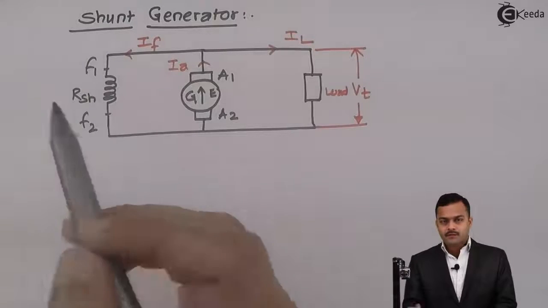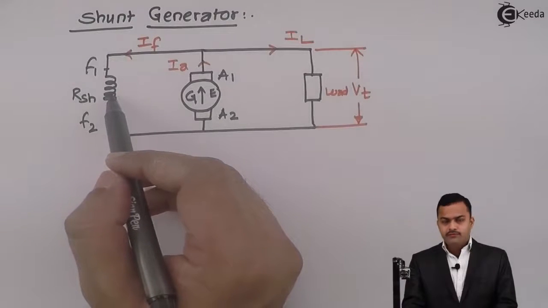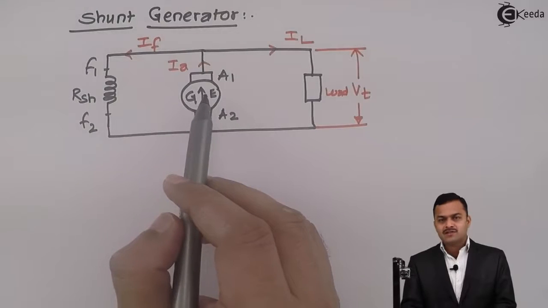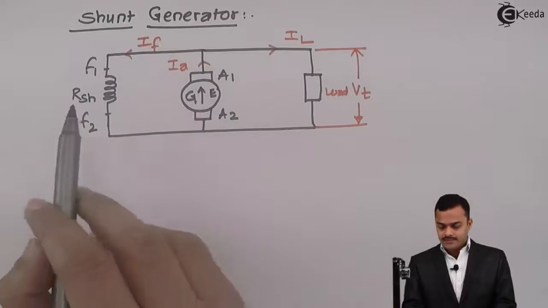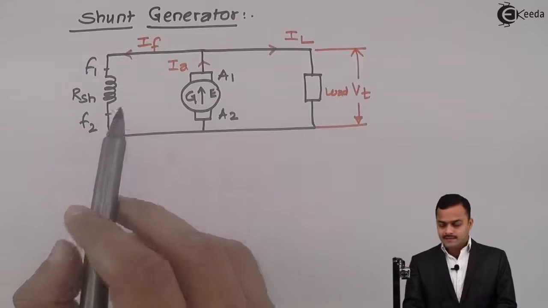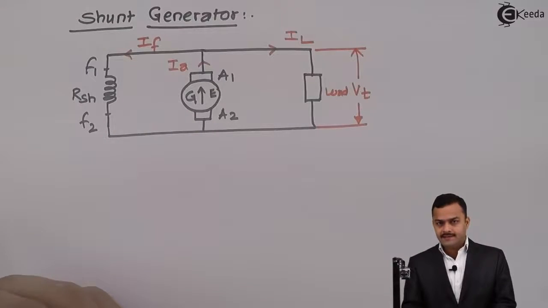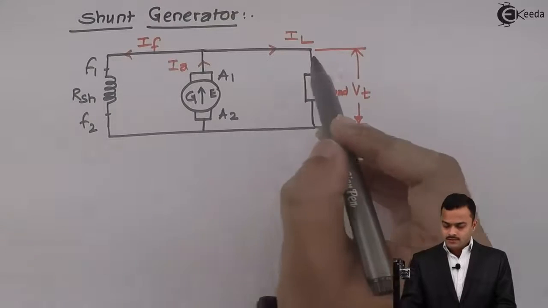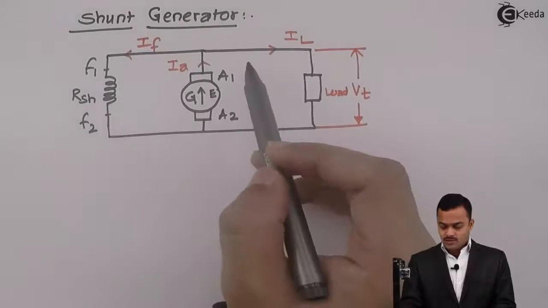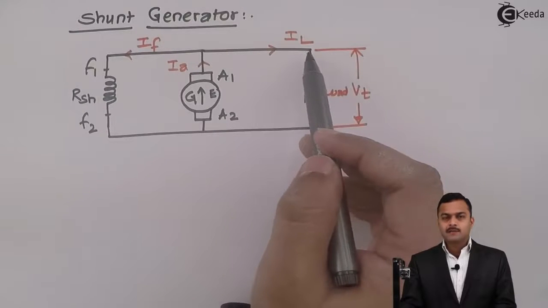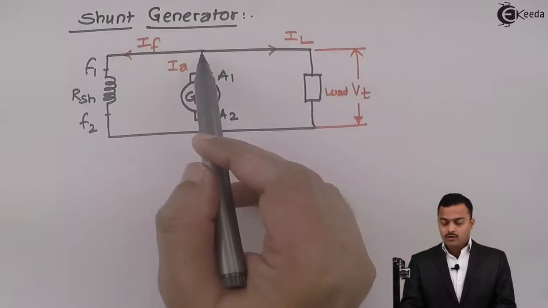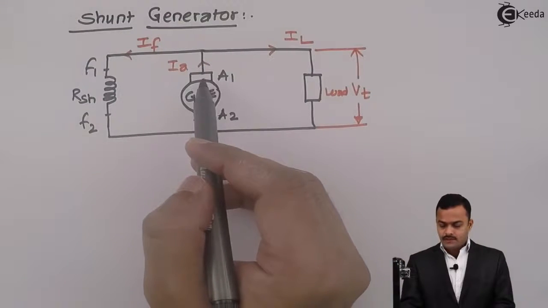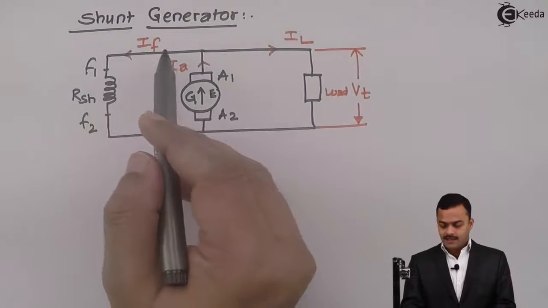Here the field winding is parallel with the armature winding, or you can say the field winding is in shunt with the armature winding, hence it is called a shunt generator. If it is parallel, then whatever the terminal voltage or EMF generated will serve the field current IF.